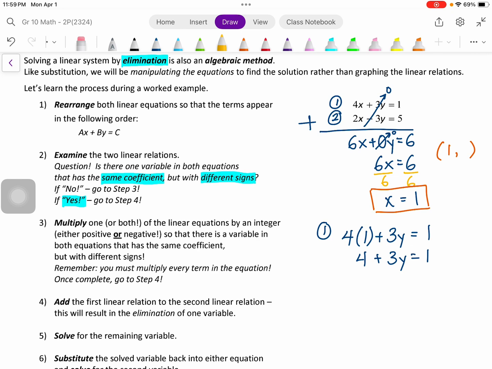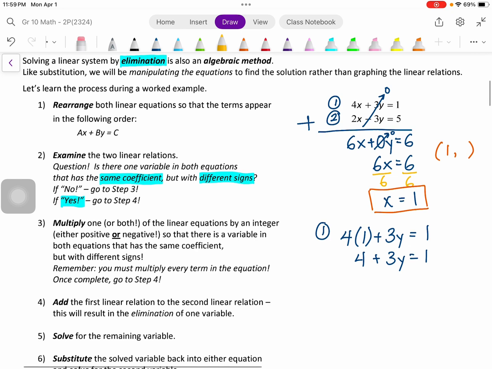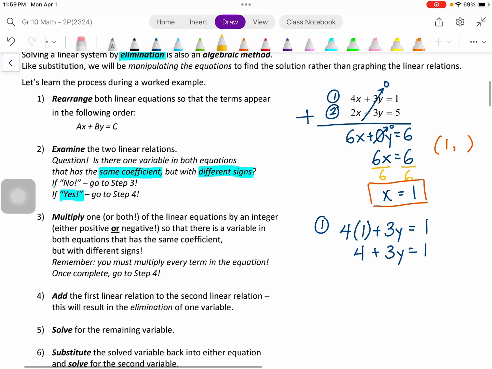So I want to isolate the y, which means I'm first going to subtract this 4. So it's a positive 4, so I'm going to subtract it to move it over to the other side. So 4 take away 4 is going to be 0, which means I'm left with just 3y. On the other side, I have 1 minus 4, and 1 minus 4 is equal to negative 3.